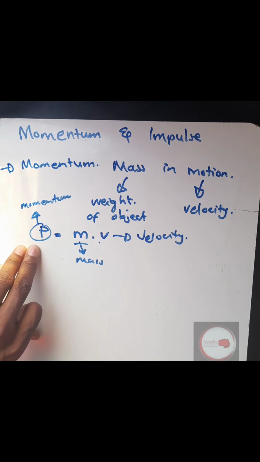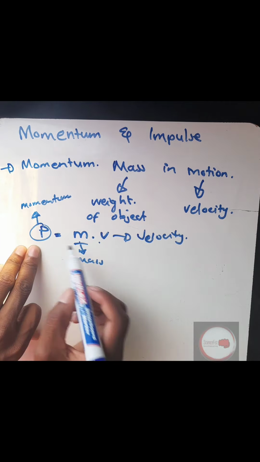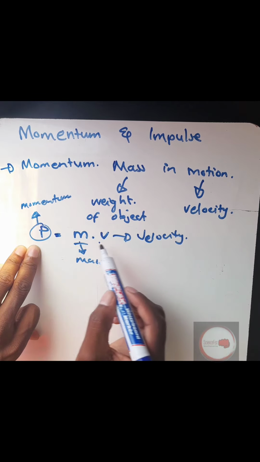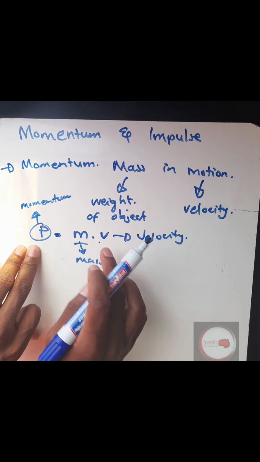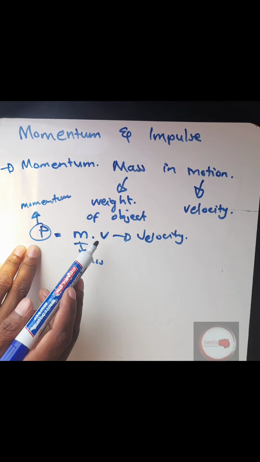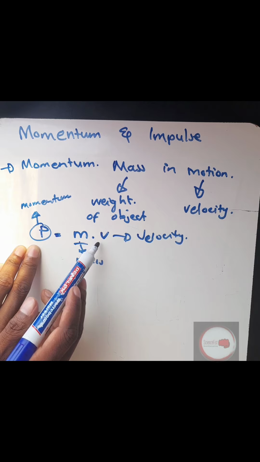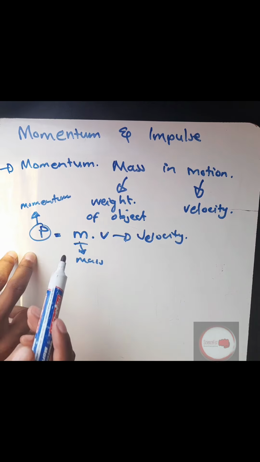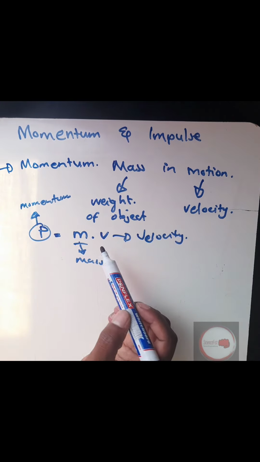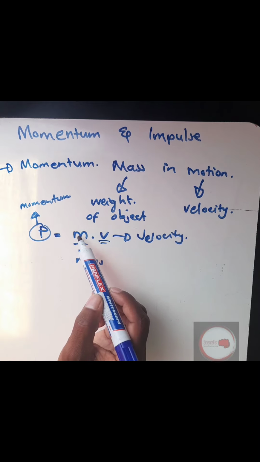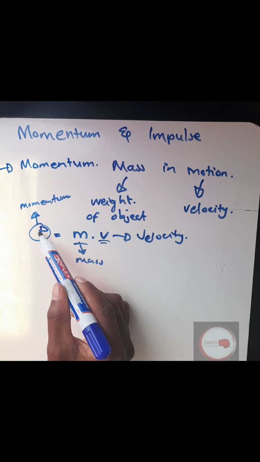So P, or momentum, is directly proportional to the mass, and P, your momentum, once again, is also directly proportional to your velocity. So in that case, if you double the mass and keep the velocity constant, you also double the momentum. If you double the velocity and keep the mass constant, you also double your momentum.